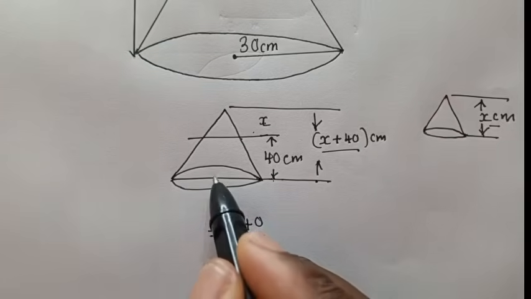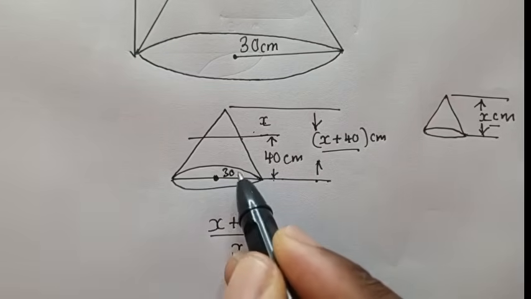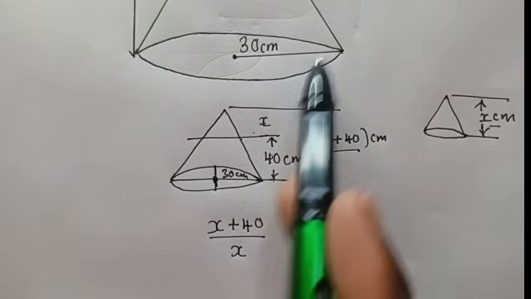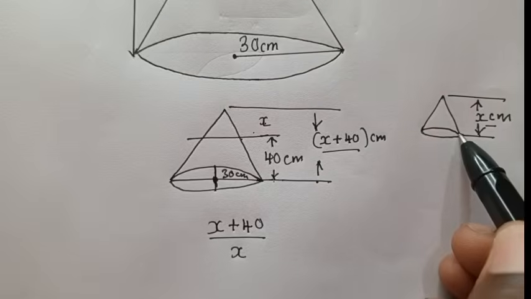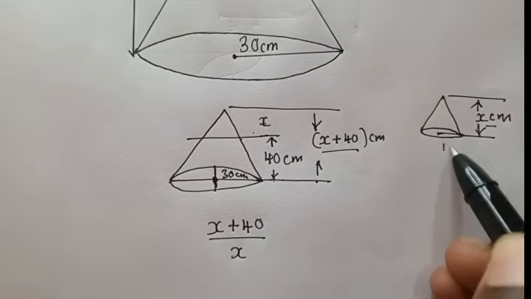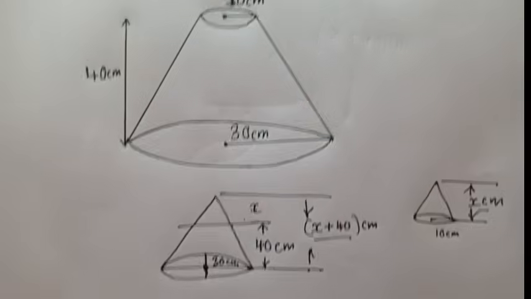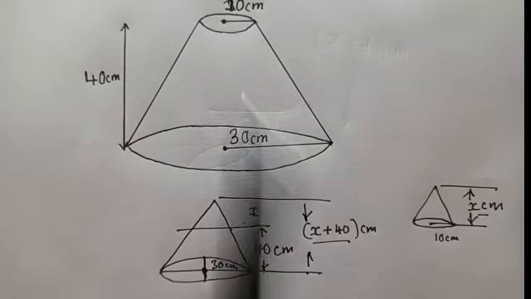We know that the radius from here to here is 30 centimeters. We've been given 30 here, while from here to here, the radius is 10 centimeters on top.